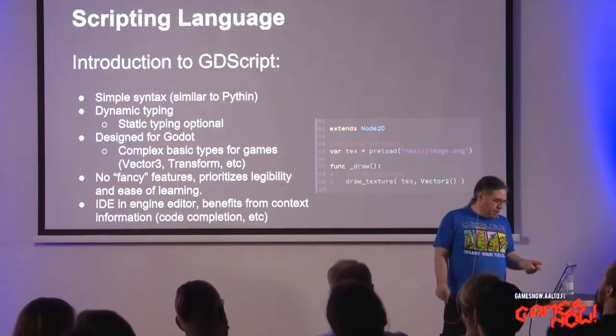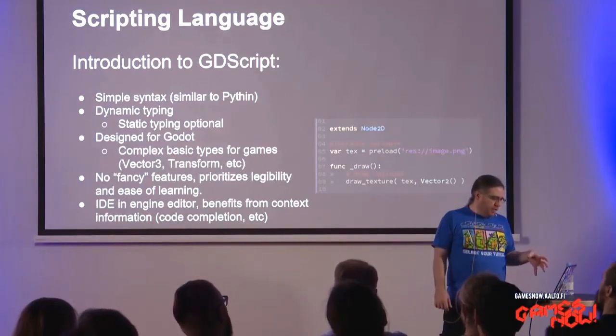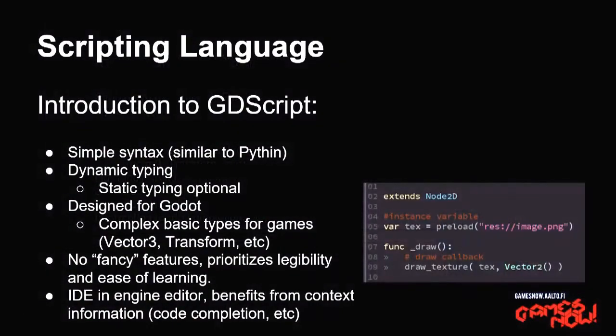And so the scripting language of the engine is called GDScript. It's a typo here, Python. It's similar to Python. It's made for Godot specifically for a number of reasons.